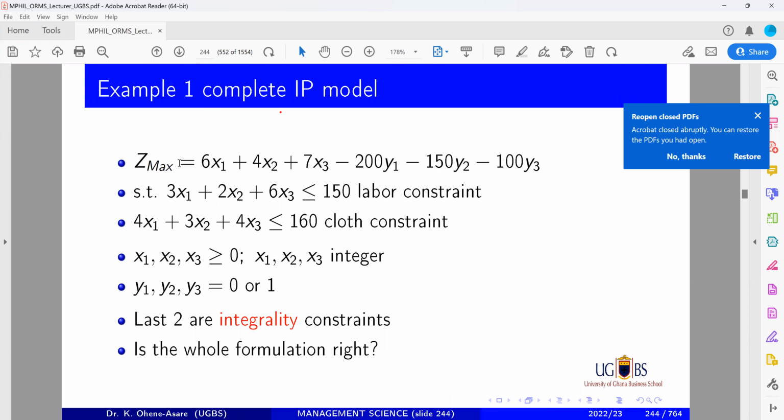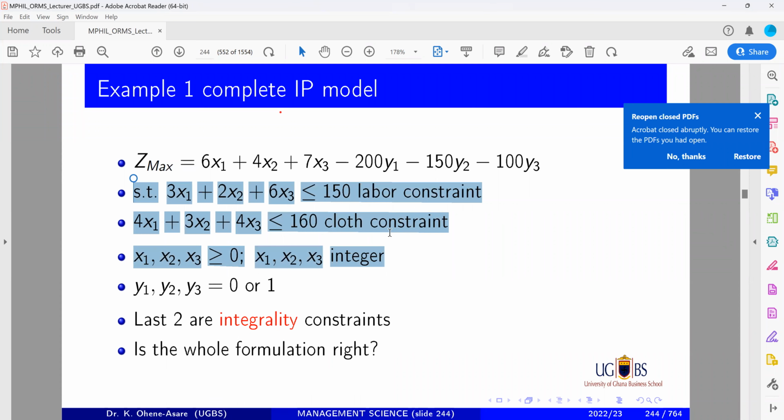Okay, I want you to look at the objective function. How many unknown variables do we have there? Six. Very good.